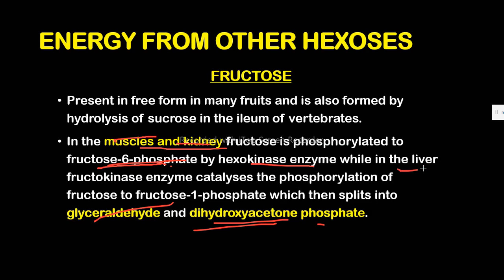But in the liver, the fructokinase enzyme phosphorylates the fructose to fructose 1-phosphate. And when the fructose 1-phosphate is formed, in the liver it will split into glyceraldehyde and dihydroxyacetone phosphate.